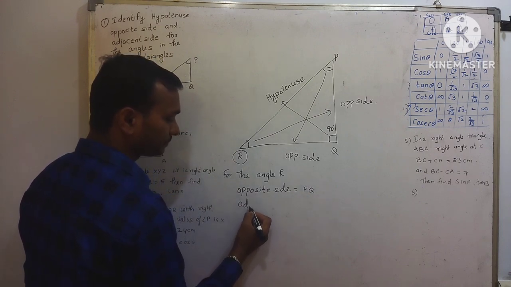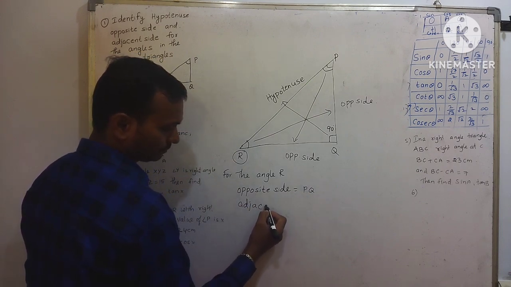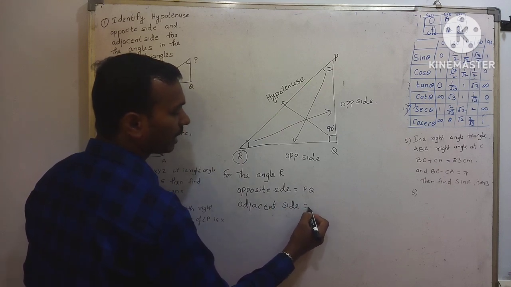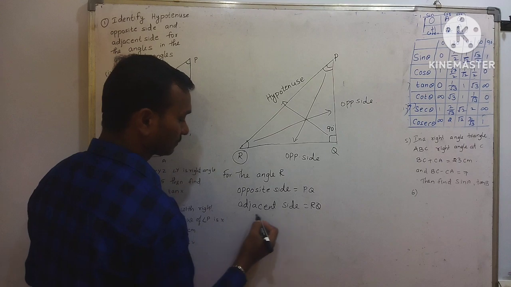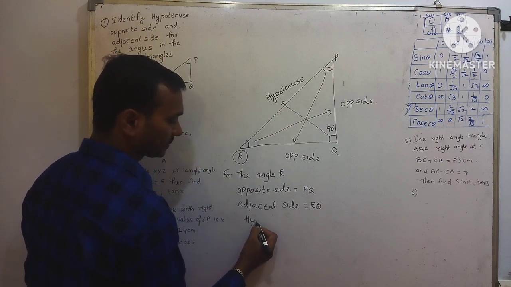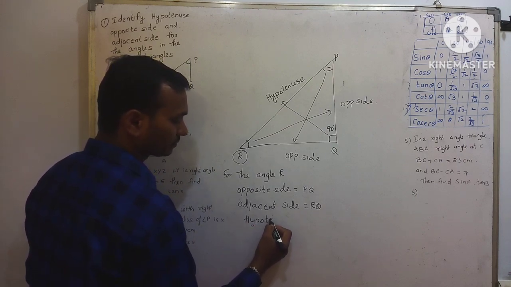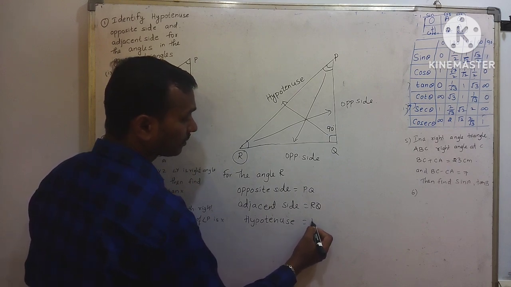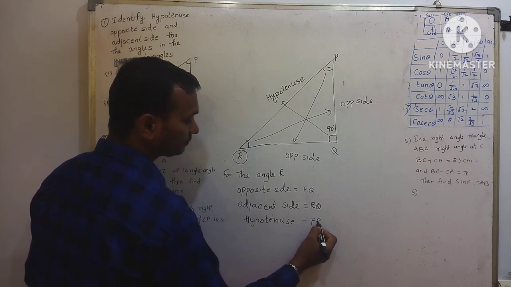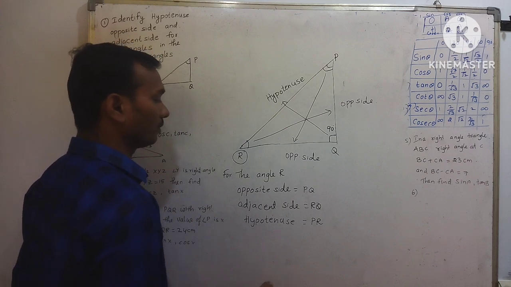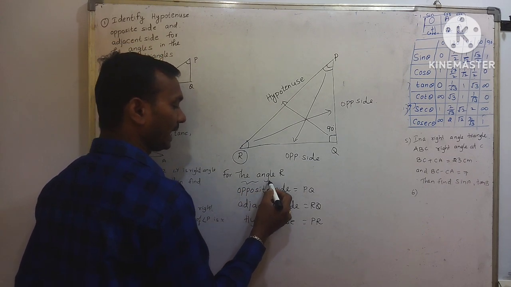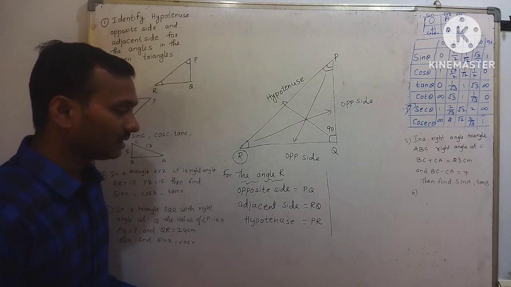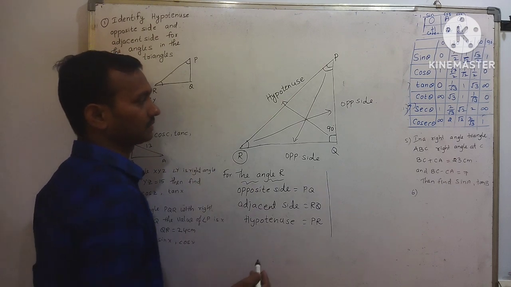Adjacent side is nothing but RQ. Hypotenuse is PR. So if you see from the angle R, this is the opposite side, adjacent side and hypotenuse.